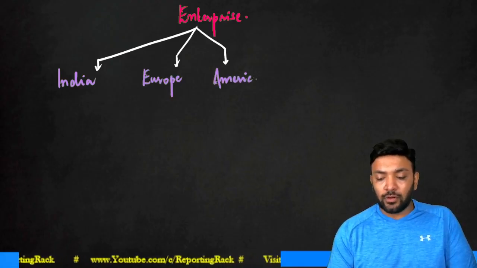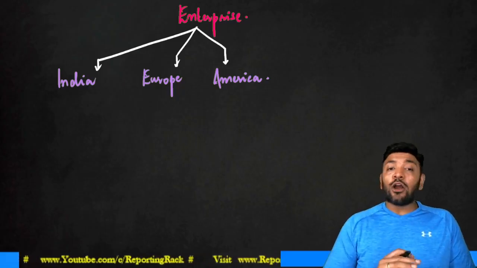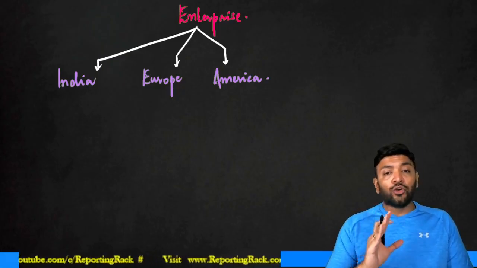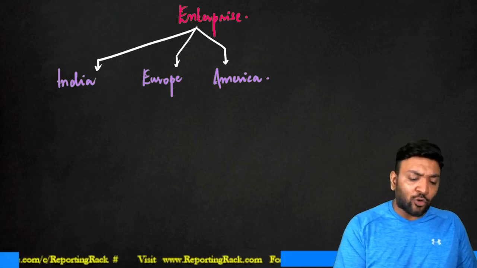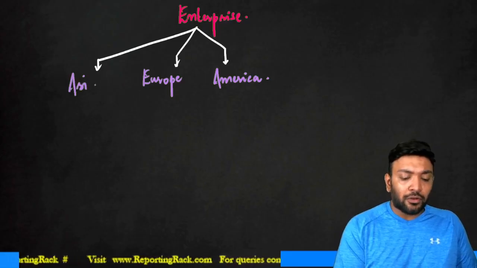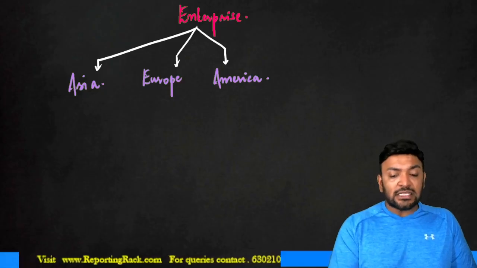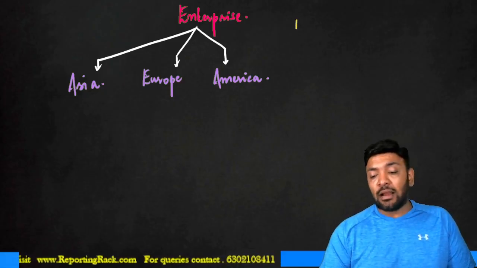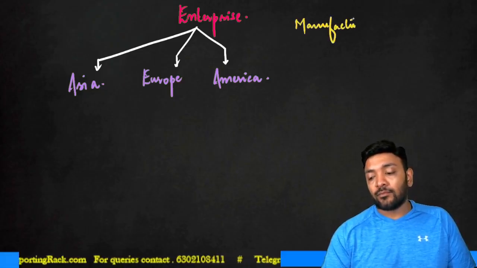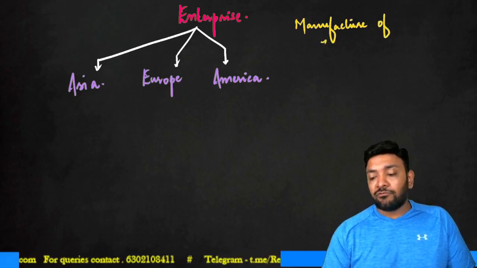America includes South and North America as well. My operations are broadly split into the geographical locations of India, Europe, and America. Let's be even more specific, so I can make this Asia, because I think we'll have to take a broader ambit. Now this enterprise was particularly into manufacturing of fairness creams.